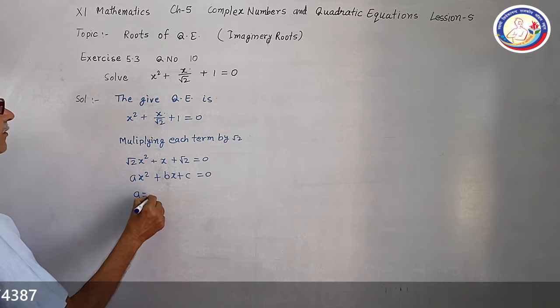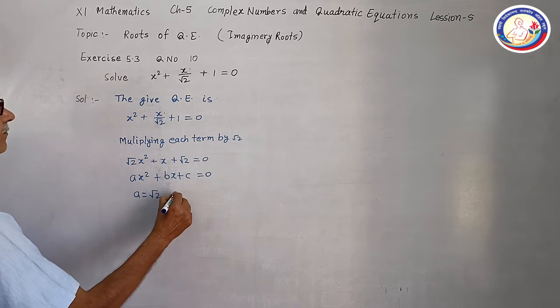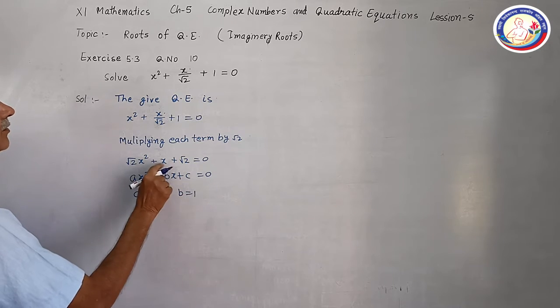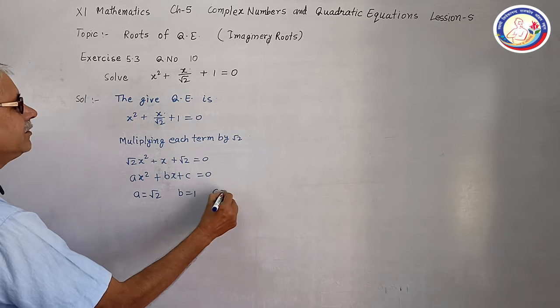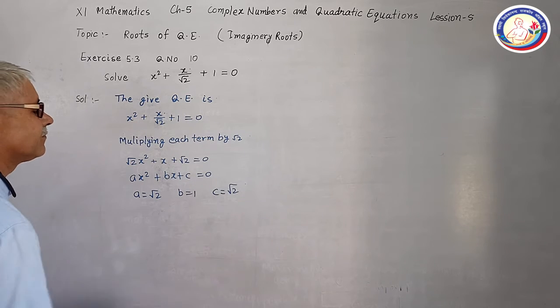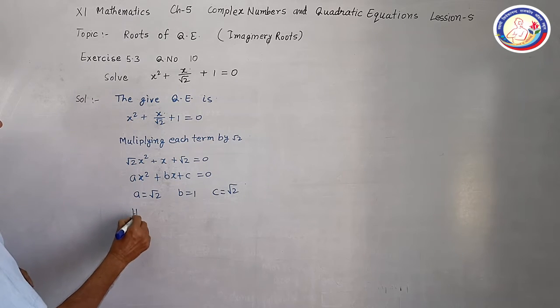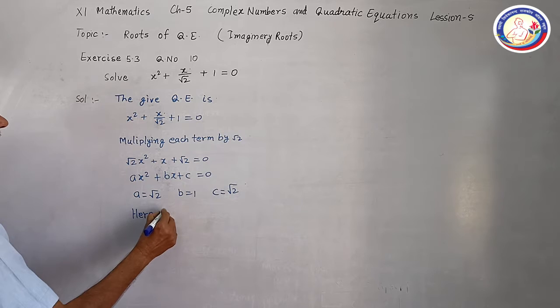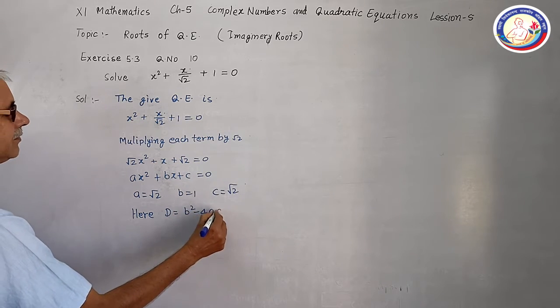A will be square root of 2, and the value of b is 1, because the coefficient of x is 1 here, and c is square root of 2. First of all, find the discriminant here, b square minus 4ac.